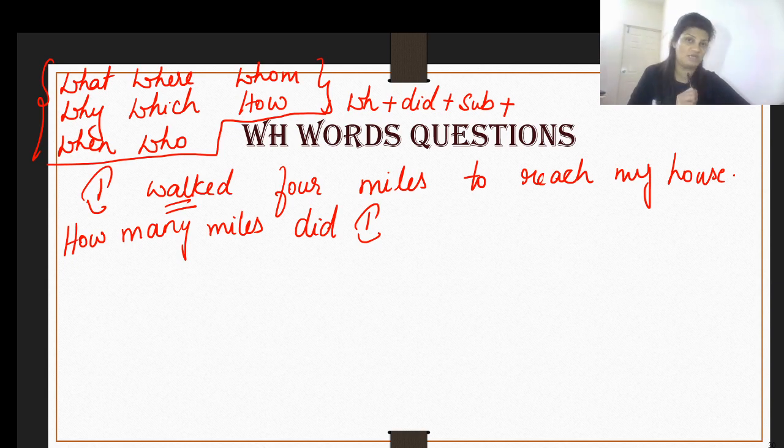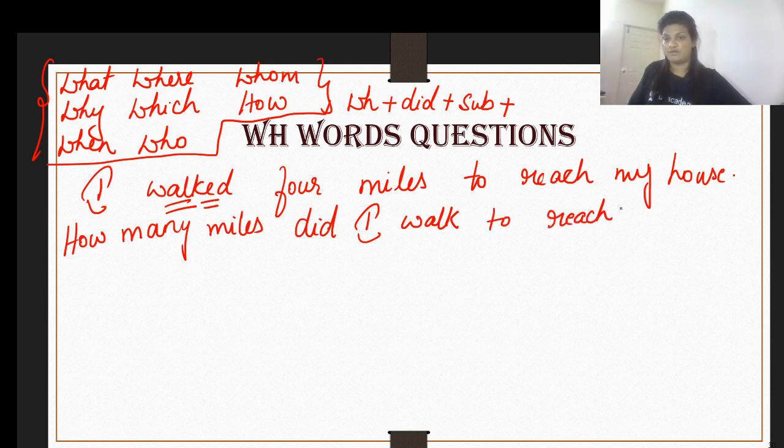Does it still keep the past tense verb? Certainly not. You bring in your root verb. Therefore, the root verb of walked is walk. So, how many miles did I walk to reach my house? And complete that with a question mark.